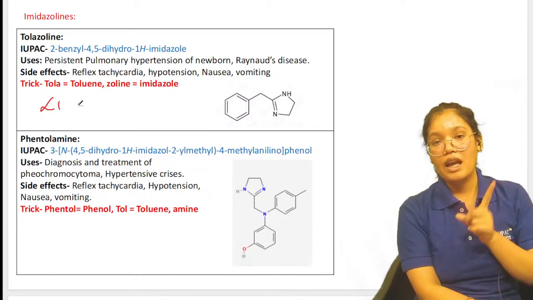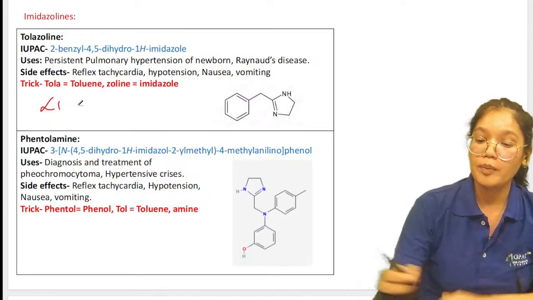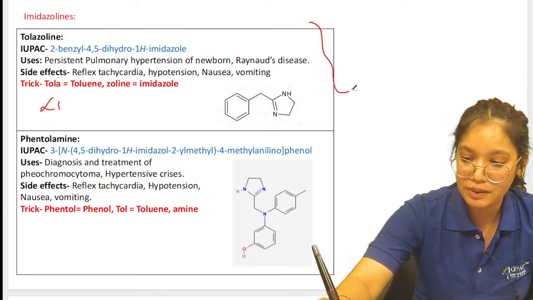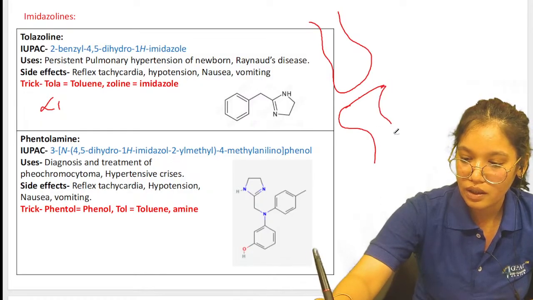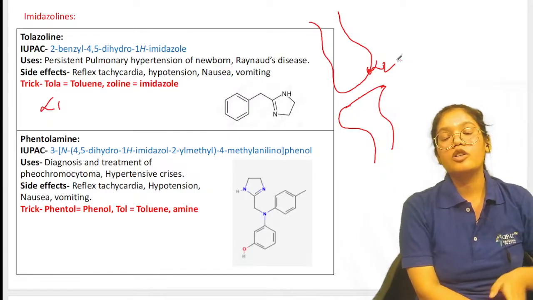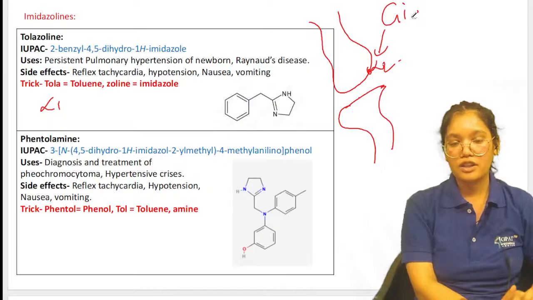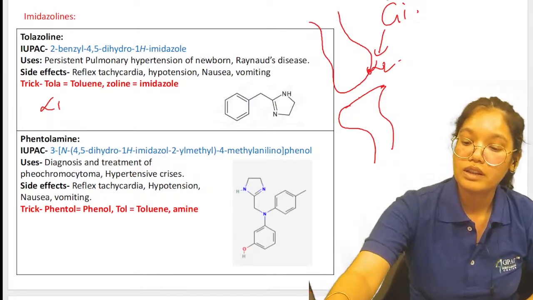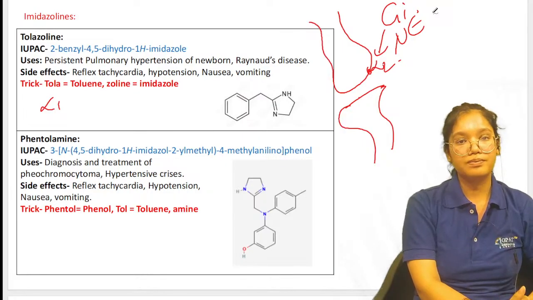Now when they act on alpha 2 receptor, now alpha 2 receptors are present on the presynaptic neurons. Now these alpha 2 receptors are inhibitory in nature. Okay. So they result in the inhibition of norepinephrine.